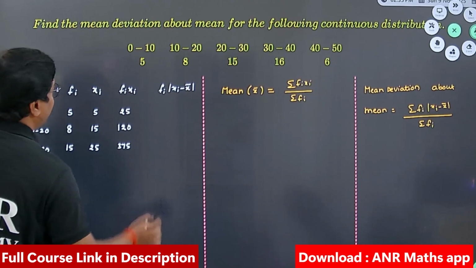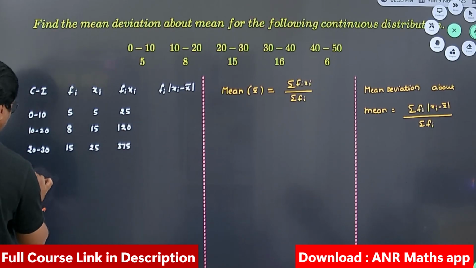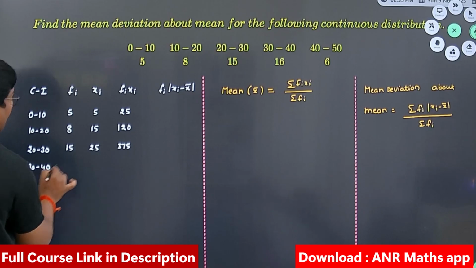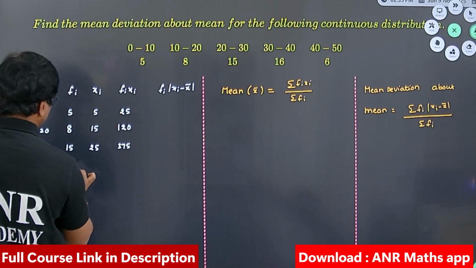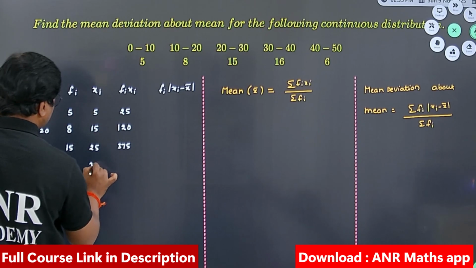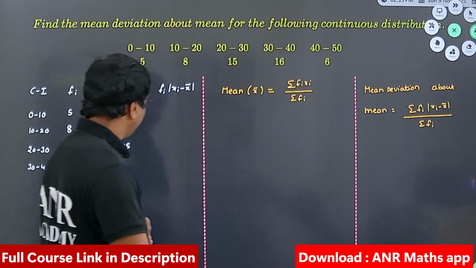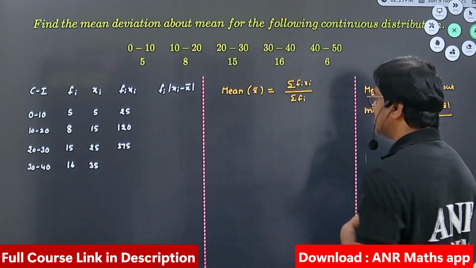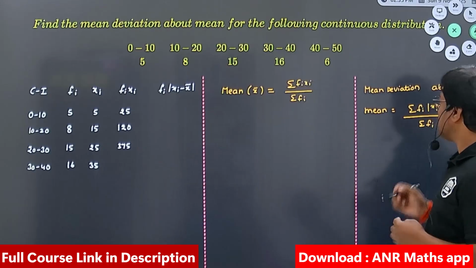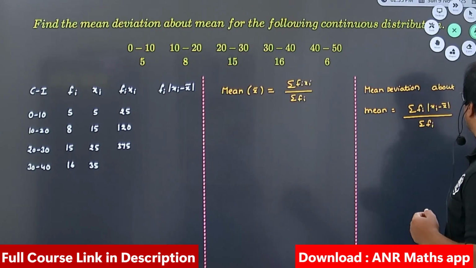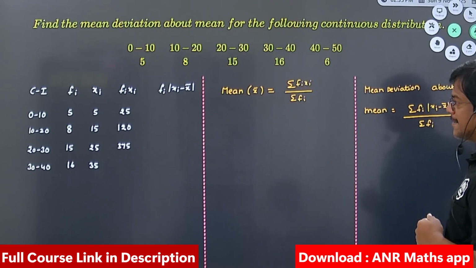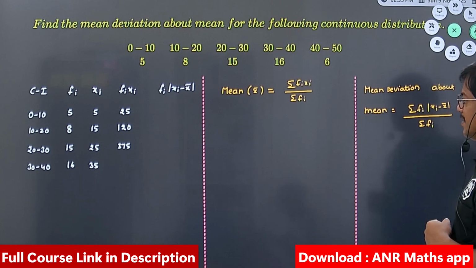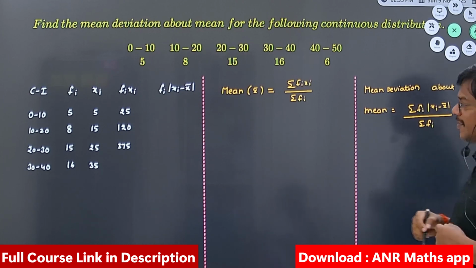Yes, next interval 30 to 40, given frequency 16, mid value here is 35. Now 35 multiplied by 16, that becomes 560.